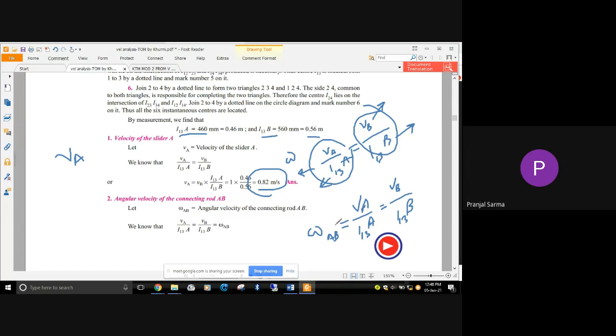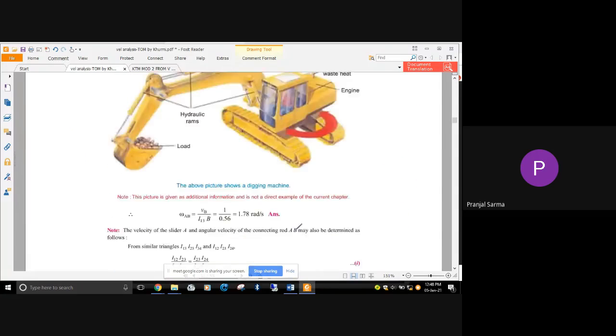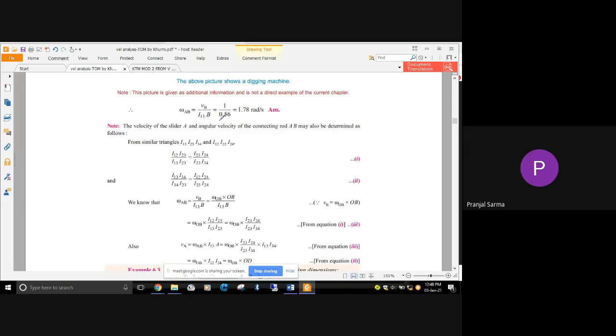Take any one of the ratios and put in the values, because right now we know VA, we know VB, and the other two lengths have already been measured. Using those known values, you will find omega AB equal to 1.78 radian per second. And this completes this particular problem.